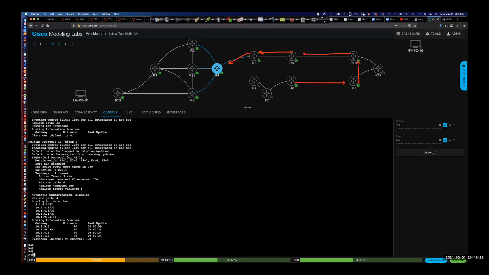So K1, that represents bandwidth, right? In terms of what is going to be evaluated. Now, these are composite, or sometimes you'll hear them referred to as coefficients, because if it's a 1, right? So K1 equals 1, K2 is 0, K3 equals 1, K4 is 0, K5 is 0. So what's going on here?